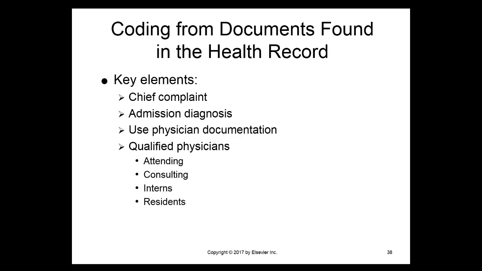In this first example, the ER form has some common medical conditions listed, and the physicians can actually check or choose which of those they feel is pertinent. And the ER physician circled end-stage renal disease, ESRD.